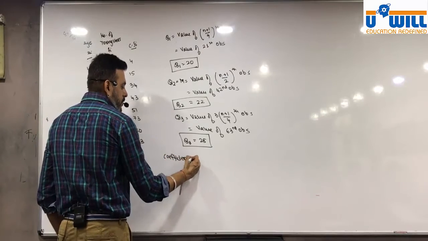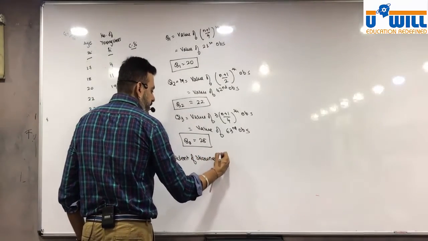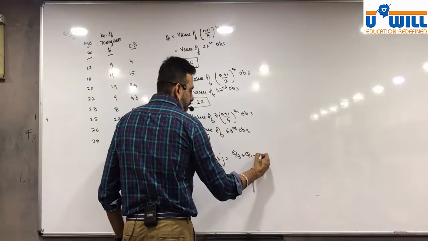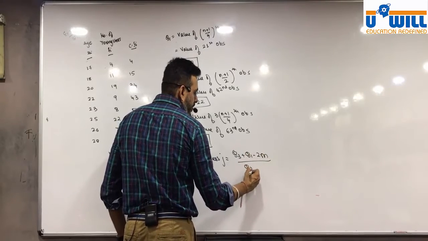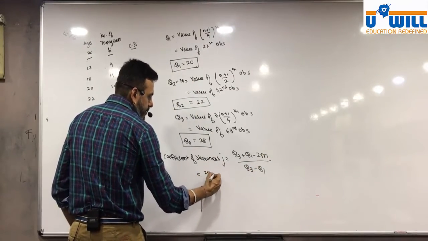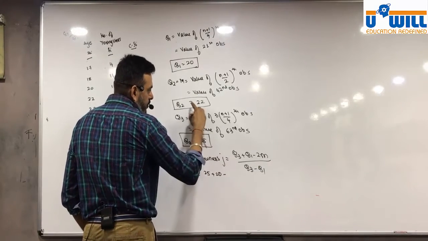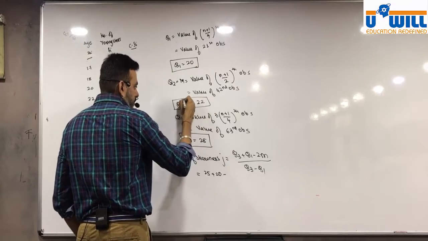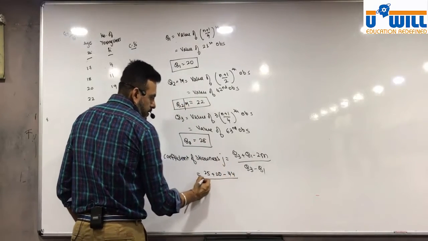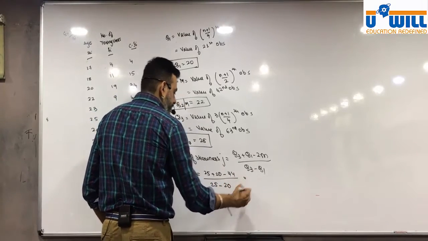Coefficient of skewness J is equal to Q3 plus Q1 minus 2M upon Q3 minus Q1, which is 25 plus 20 minus 2M, 22 into 2 is 44, upon Q3 25 minus 20.